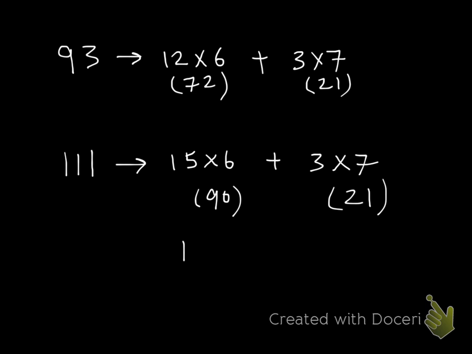The puzzle becomes: what is that maximum value which you cannot form using any combination of rupees 6 and rupees 7? And 111 can be formed in another way: 1 coin of rupees 6 and 15 coins of rupees 7. So 6 plus 105, it's again 111.